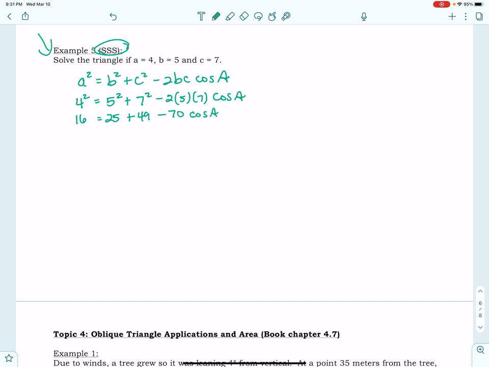Okay, now I want you to notice that these are constants, and this 70 is being multiplied to the cosine of A. So you cannot separate those except by division. Be careful. So now what I'm going to do is add 25 and 49 because they're like terms. They're both constants. And now I am going to subtract 74 from both sides.